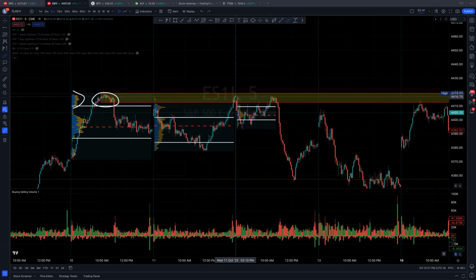So we touched this area during algo market open, rejected, moved up, rejected, moved up, rejected, moved up again in this area. We had a previous rejection here, a high volume node that showed us a lot of interest from the sellers.